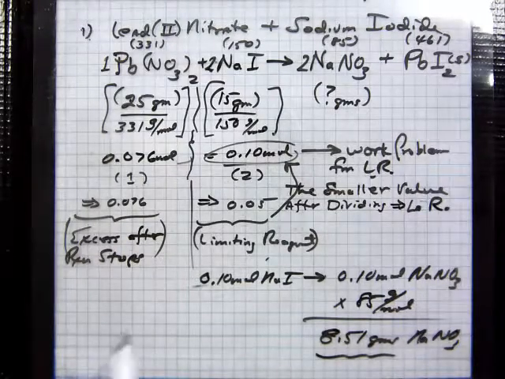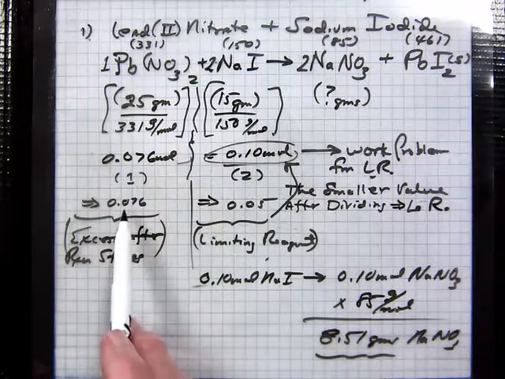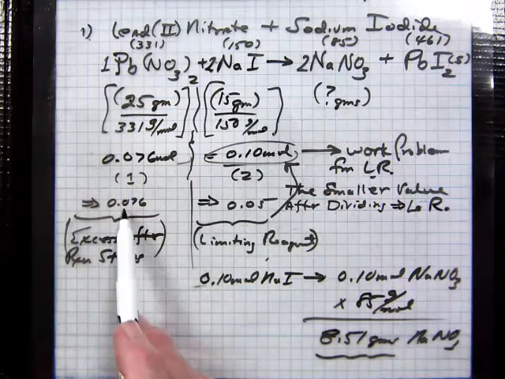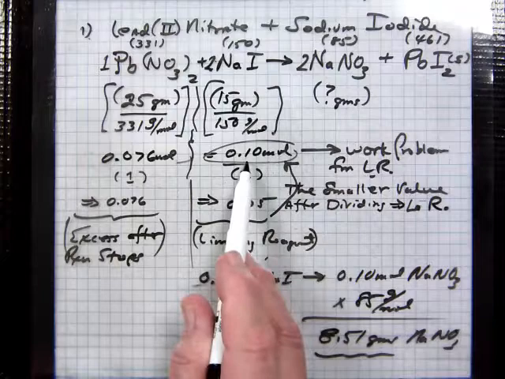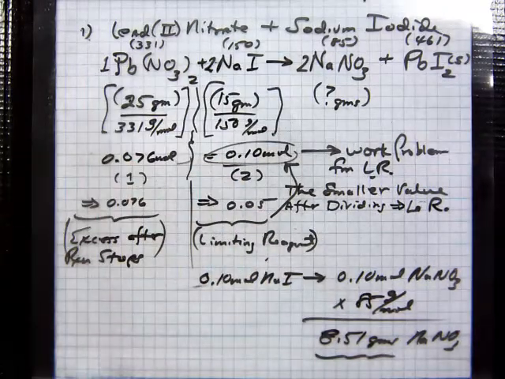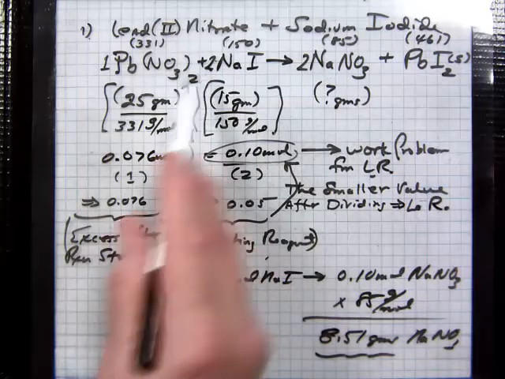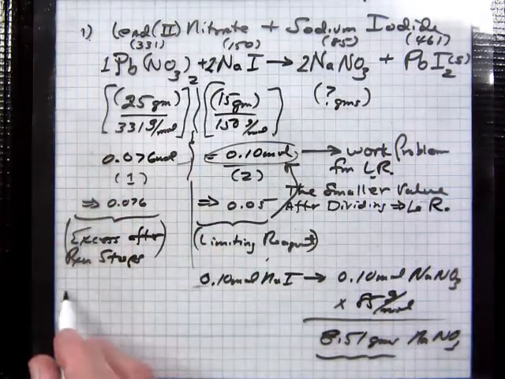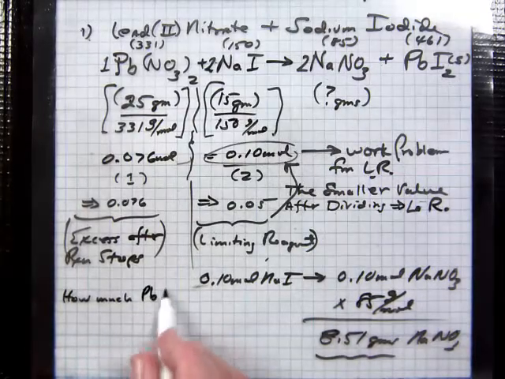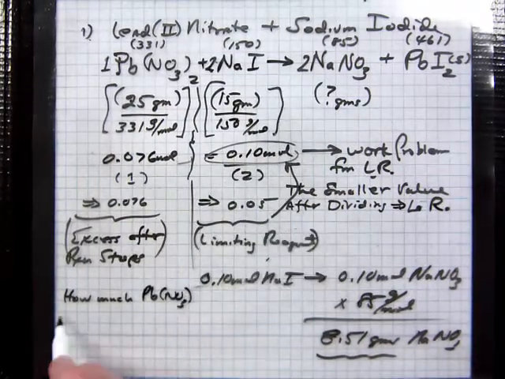Now, how much of the lead nitrate did we use in this thing? Well, that 2 is calculated relative to this. 2 to 1, see the 2 and the 1? The question is how much Pb(NO3)2 was used.